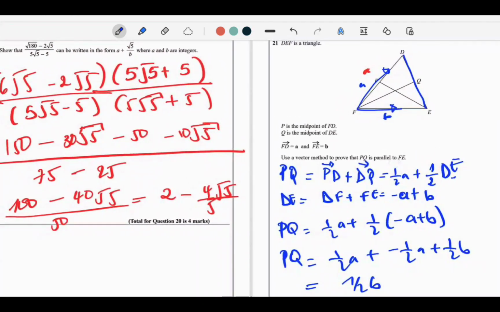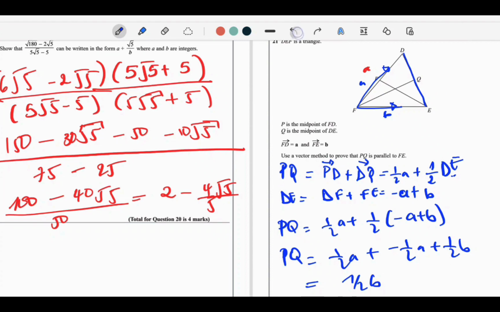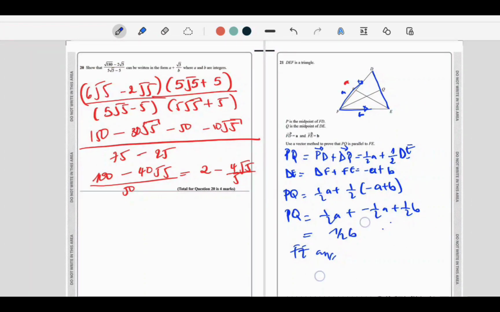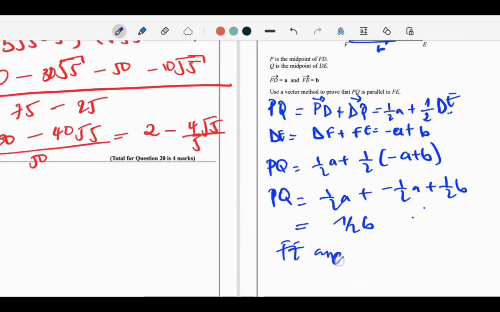So what do we notice? Like I told you in the beginning, we have to just show that FE is a scalar multiple of PQ. For FE and PQ to be parallel to each other, they must be scalar multiples of each other.